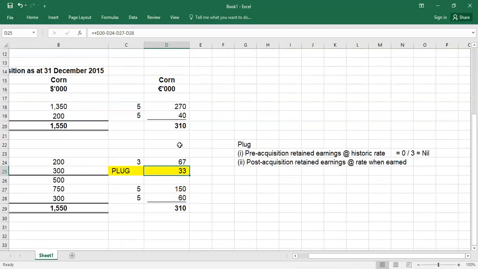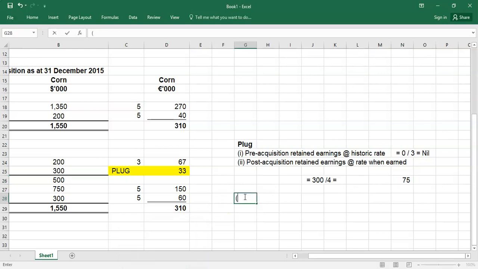But if you, for example, had a subsidiary that was acquired 2 years ago, you'd have 2 separate profit figures here and 2 separate average rates. But for us here, it's a straightforward 300 divided by 4 equals 75. So the plug figure is made up of that as well. So they're quite straightforward. In every retained earnings figure, you always have pre-acquisition and post-acquisition. But that 75 doesn't equal the 33.